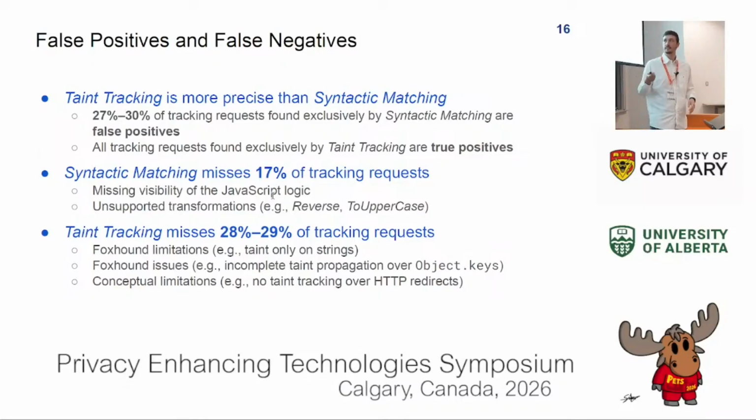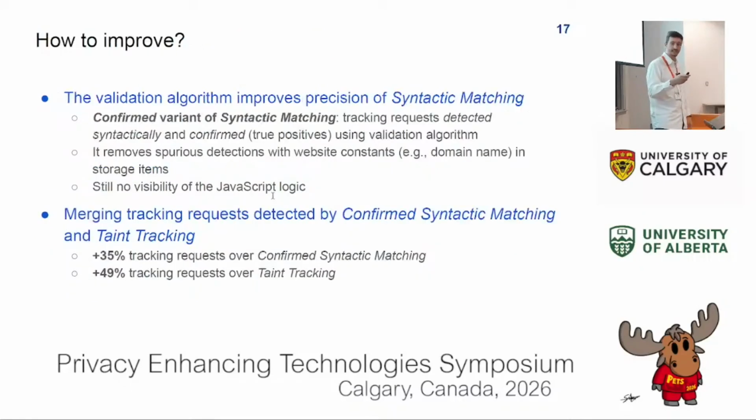And also taint tracking misses 28 to 29% of tracking requests due to both implementation limitations, for example, Foxhound does not support taint tracking over data types different from strings, but also more conceptual limitations, because, for example, taint tracking does not track taint flows over HTTP redirects.